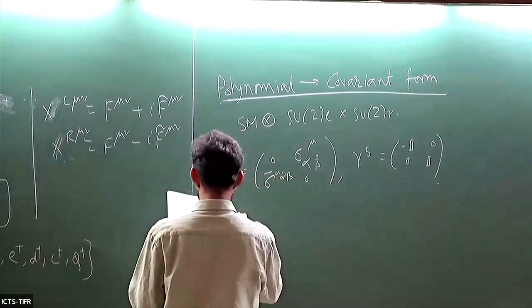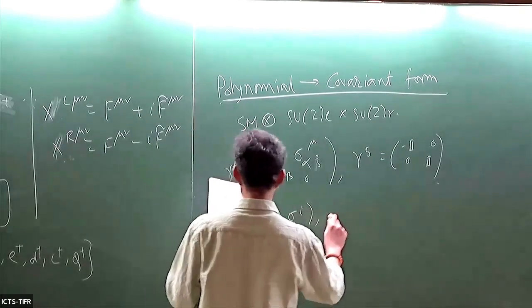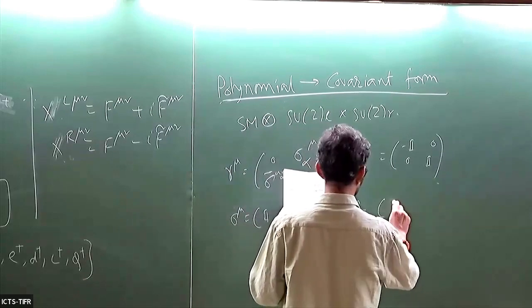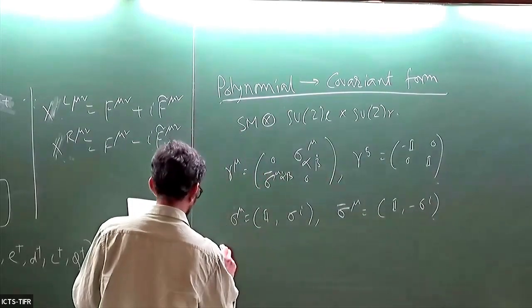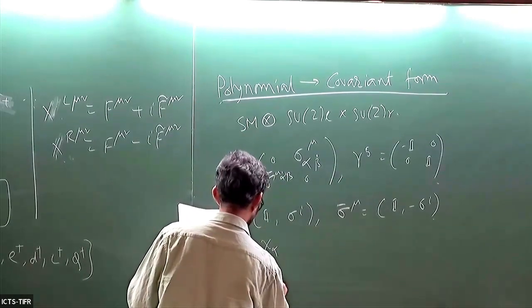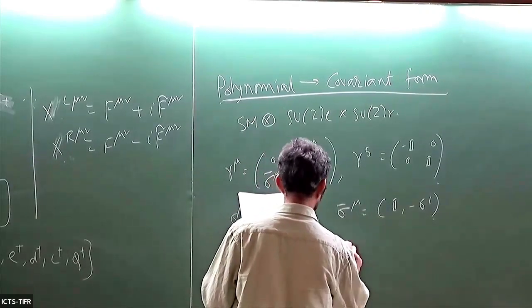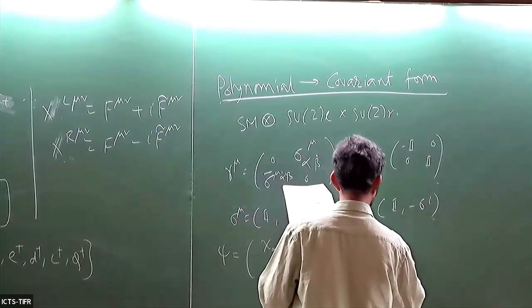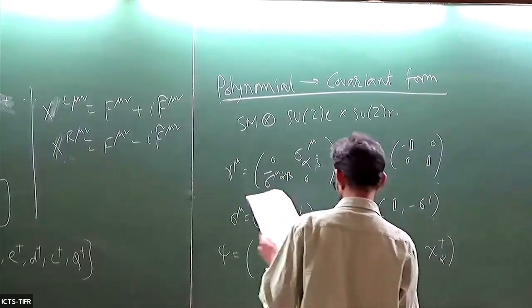Sigma mu is (1, sigma), sigma bar mu is (1, minus sigma). And the fermion will be written as a 2-component spinor: chi alpha, and psi bar is psi dagger gamma 0, which is epsilon alpha chi alpha dot dagger.